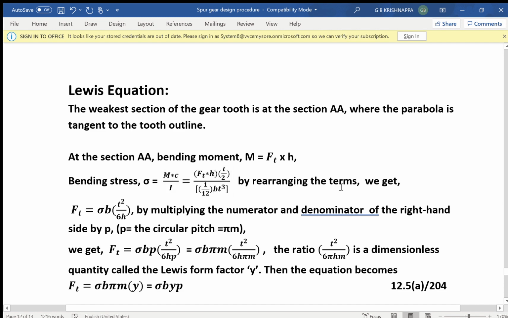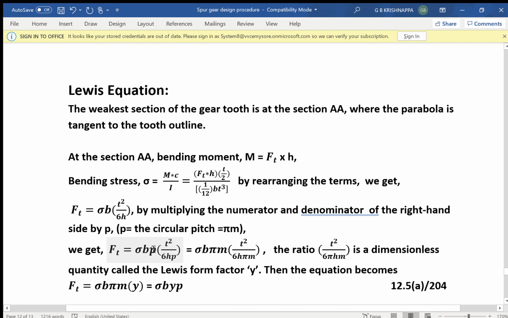By rearranging the terms, we get tangential force Ft is equal to sigma b t square by 6h. By multiplying the numerator and denominator of the right hand side by p, where p is the circular pitch, equal to pi m, we get Ft is equal to sigma into b into p into t square by 6hp.